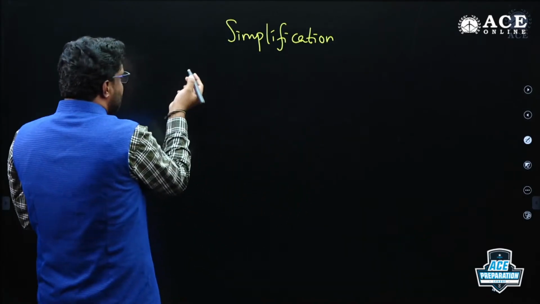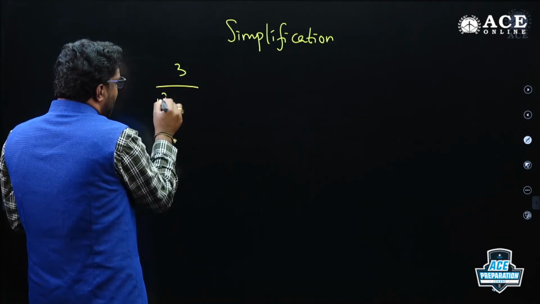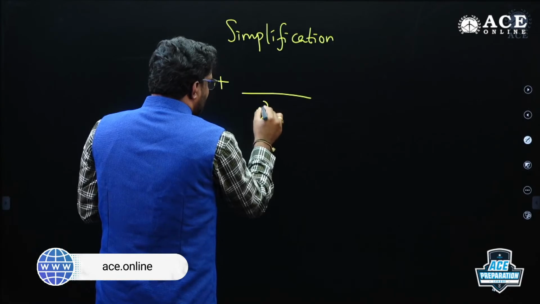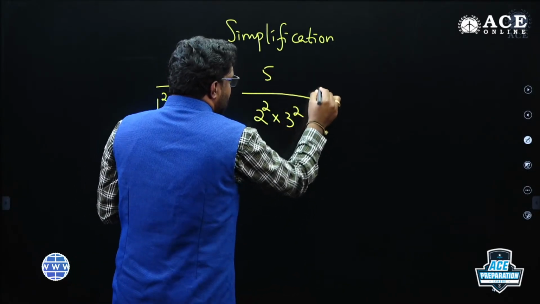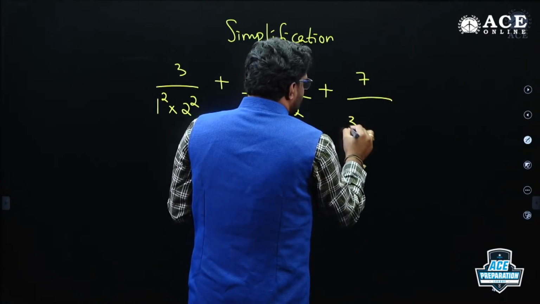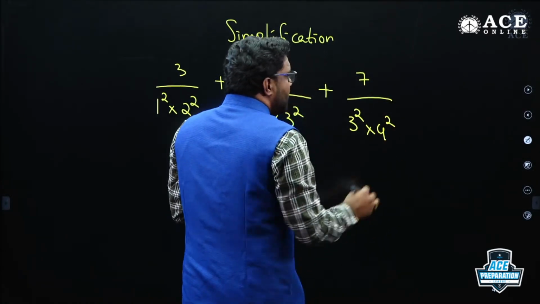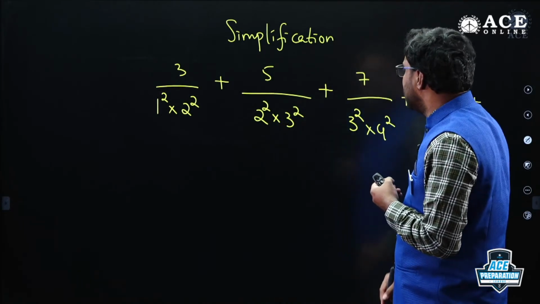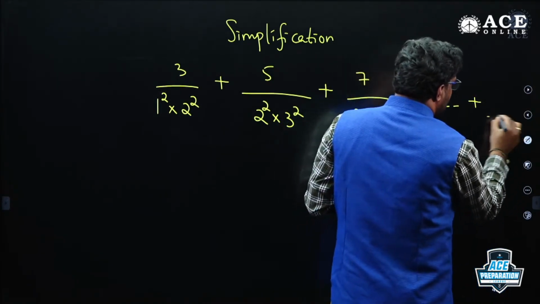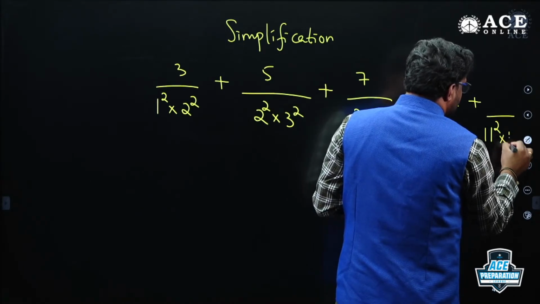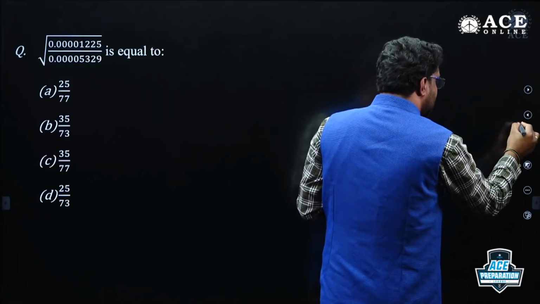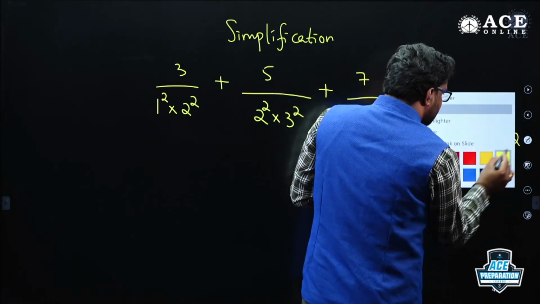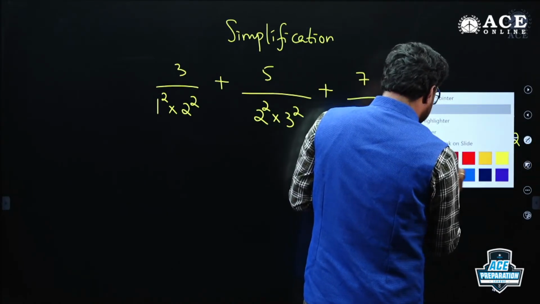Simplifications, they can give question like this. 3 divided by 1 square into 2 square, 5 divided by 2 square into 3 square, 7 divided by 3 square into 4 square, and so on, up to 11 square into 12 square in the denominator.